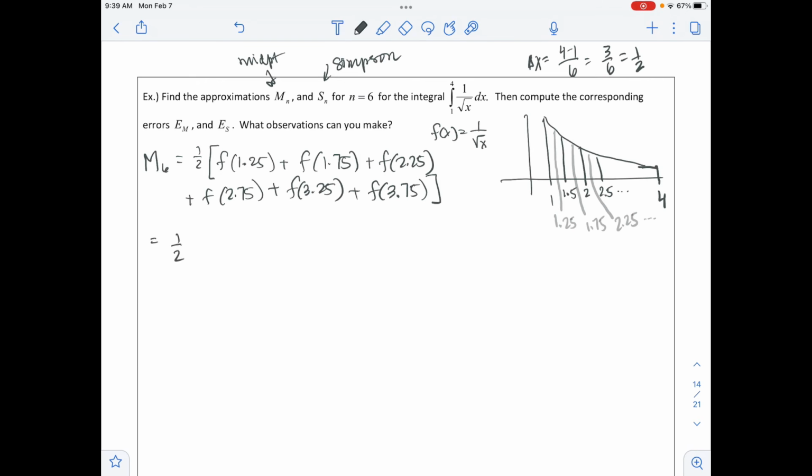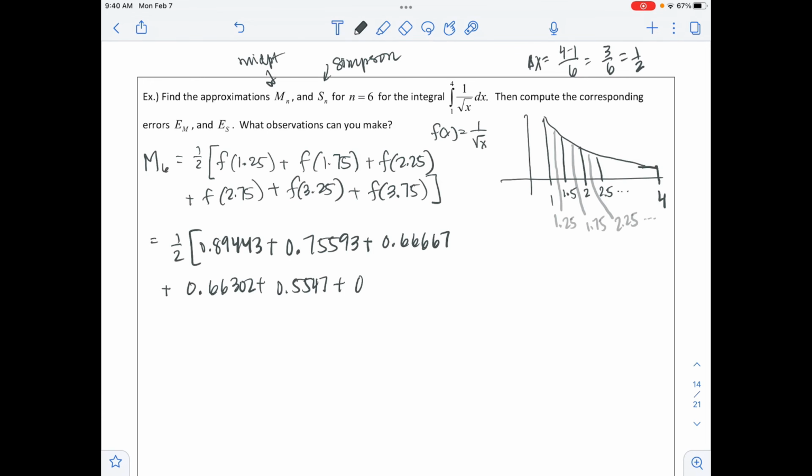So we have 1/2 times, and I'll round to 5 decimal places. f of 1.25 is going to be 0.89443 plus 0.75593 plus 0.66667 plus 0.66302 plus 0.5547 plus 0.5764.